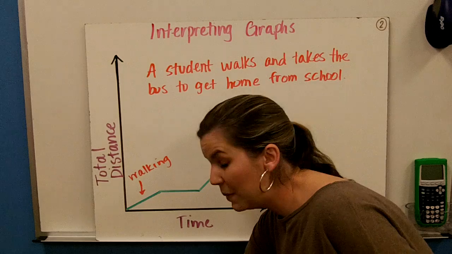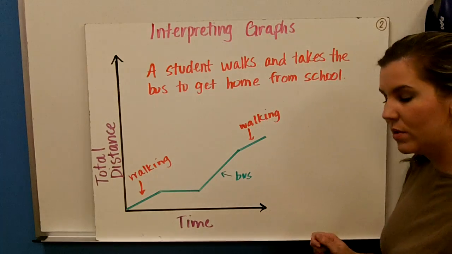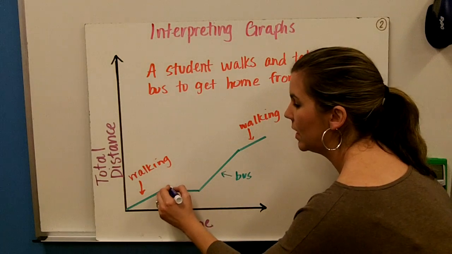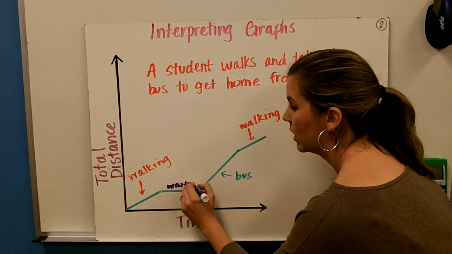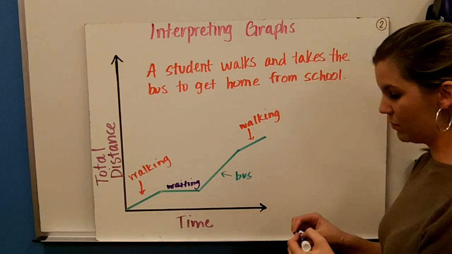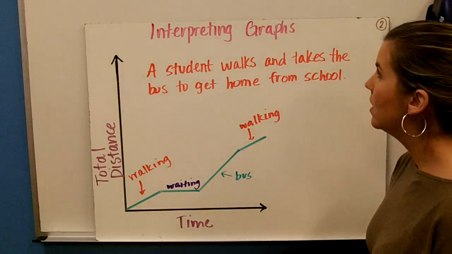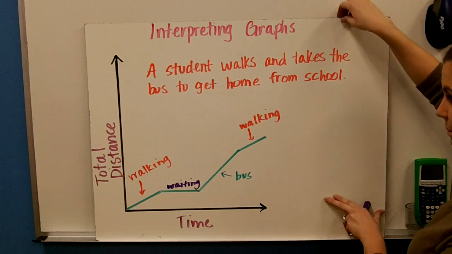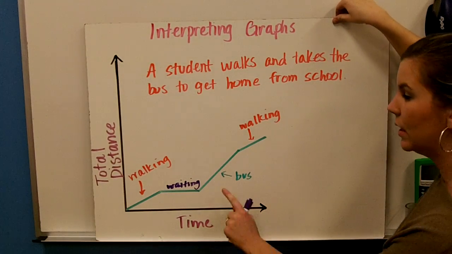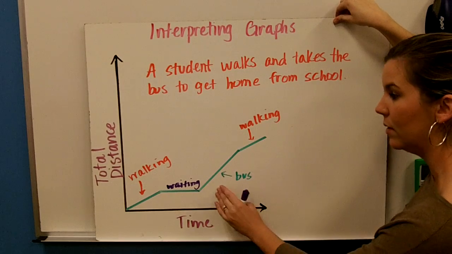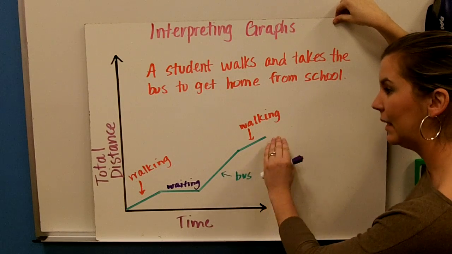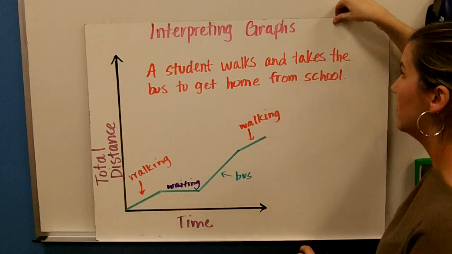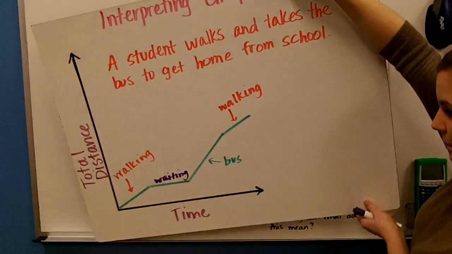Well, the bus isn't always there when you get to the stop. So here, he is waiting on the bus. He's not moving. He's sitting there at the bus stop, burning some time. So, a steeper slope means something faster is happening, and a less steep slope means something slower is happening.